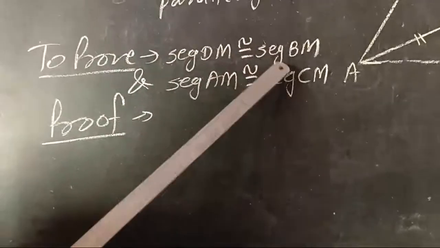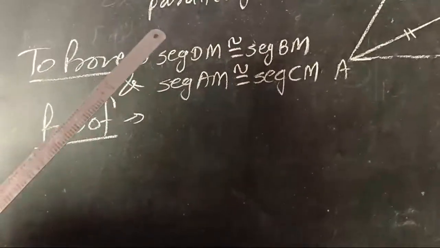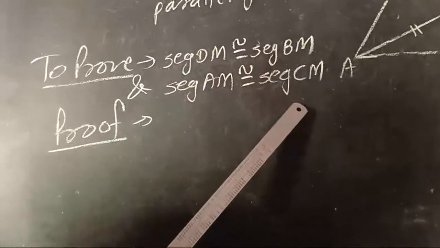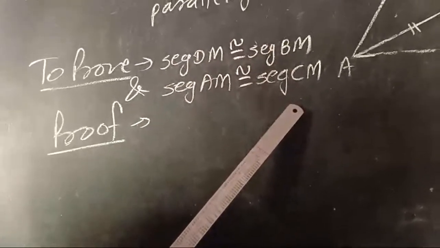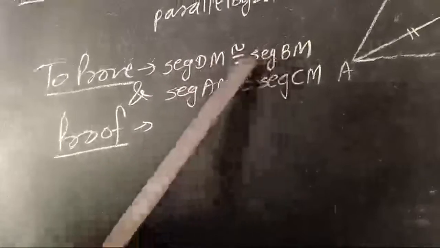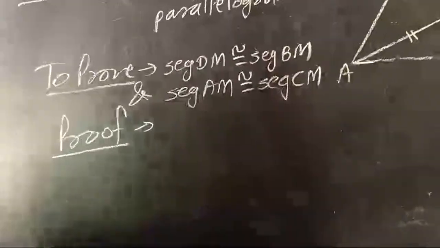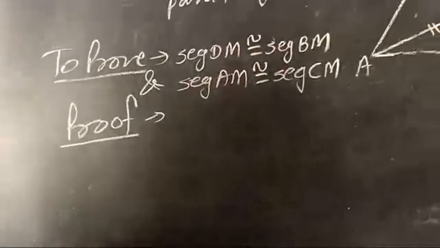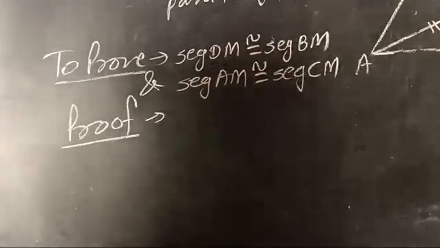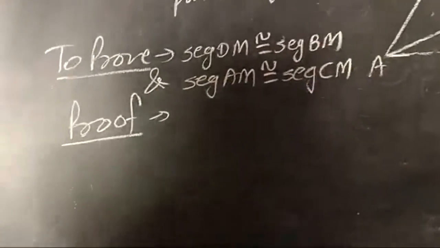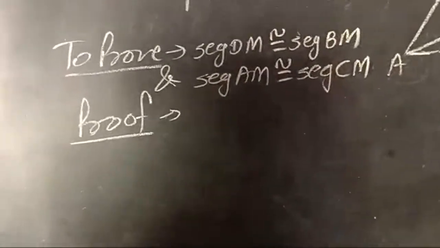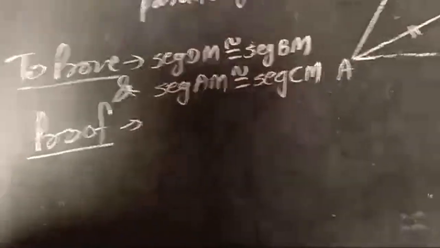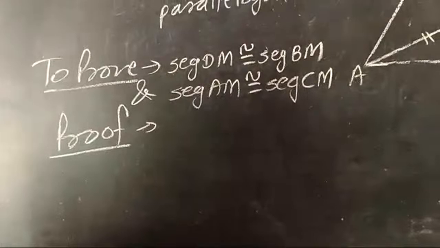Segment DM congruent to segment BM. These are called corresponding sides or angles. When we say that corresponding sides are congruent, corresponding triangles, yes.